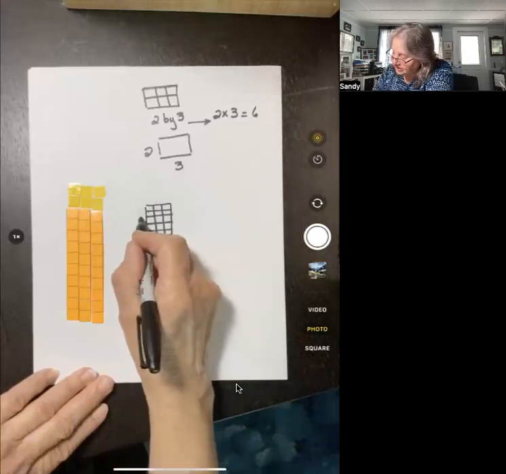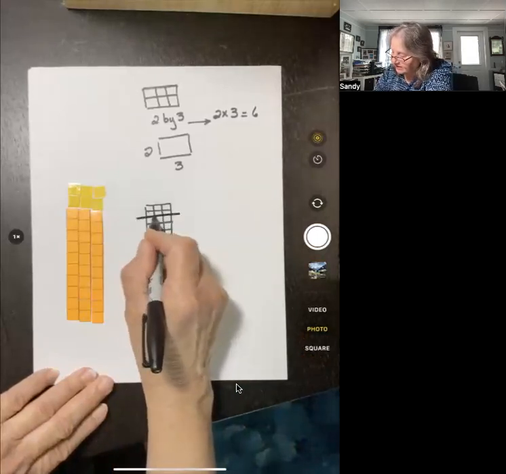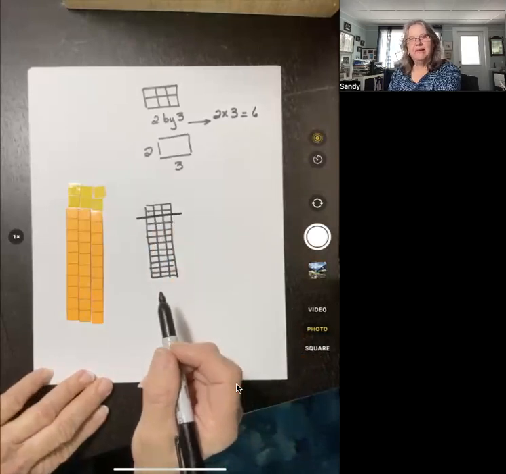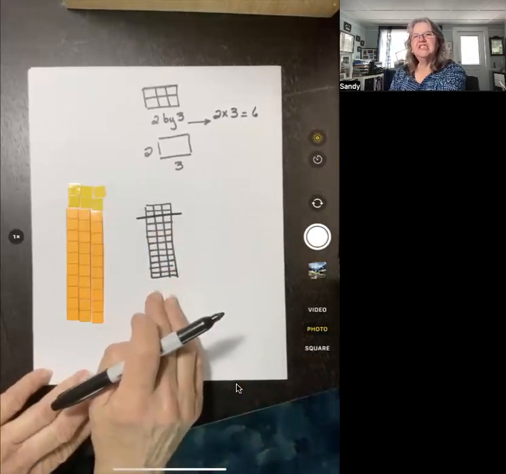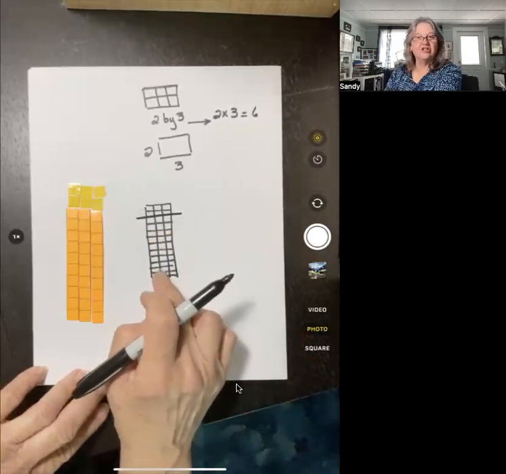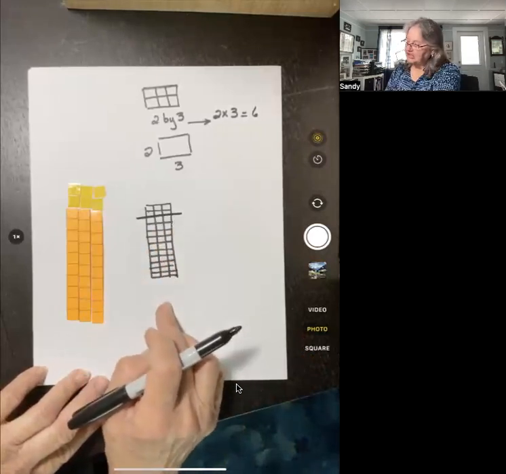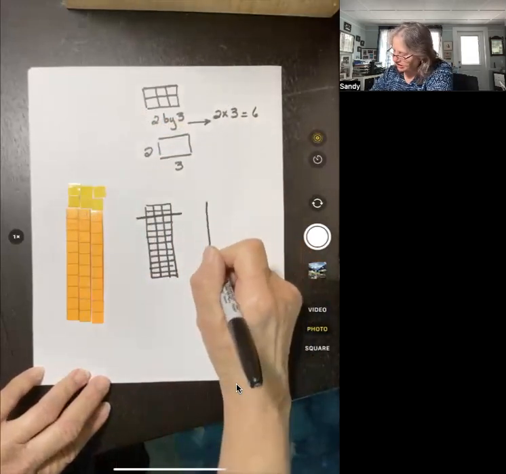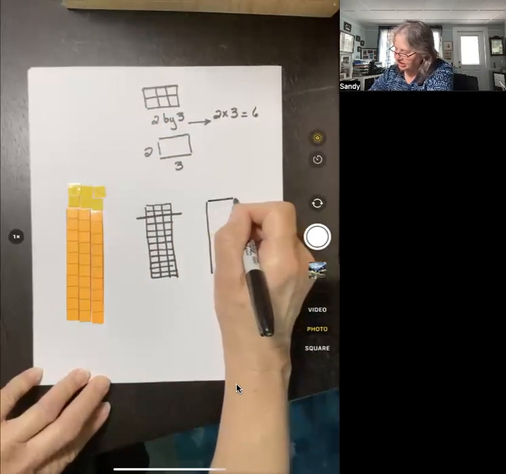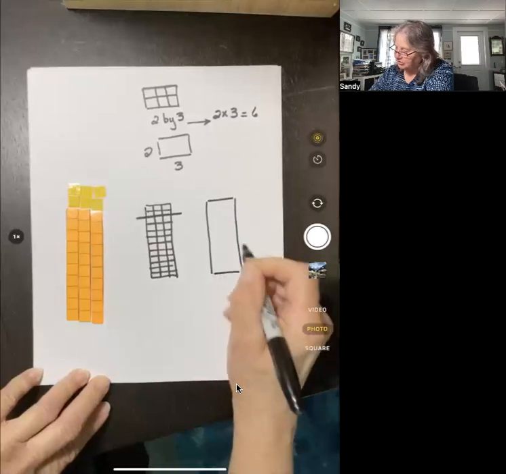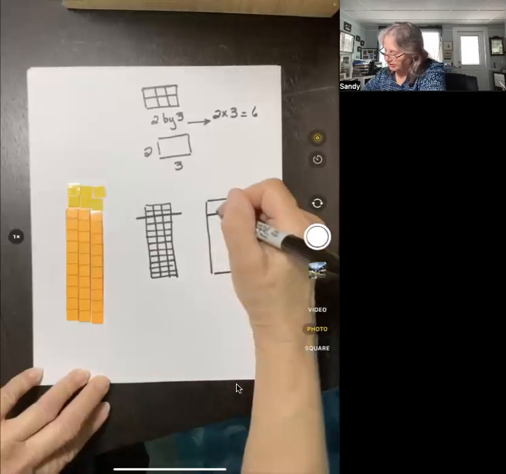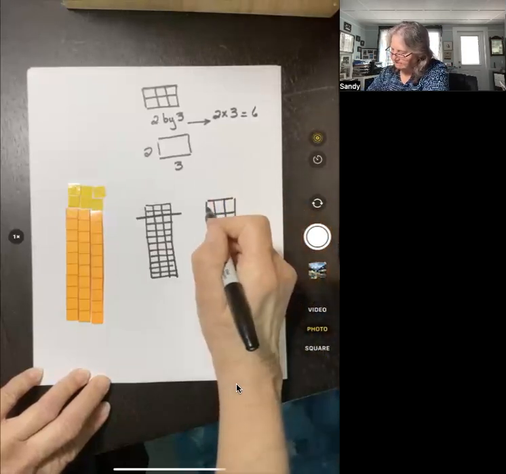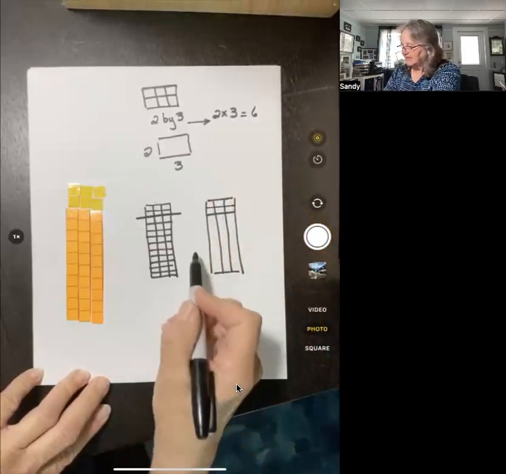Now, I could draw this in here to show where it splits with the color. But this particular image tends to have your child wanting to count all the squares. So once they get comfortable with this, what we're wanting to do is help them transition from that drawing in all the squares to a drawing more like this.